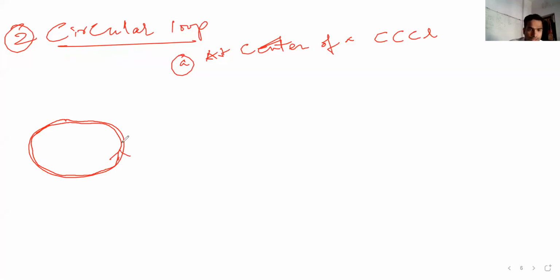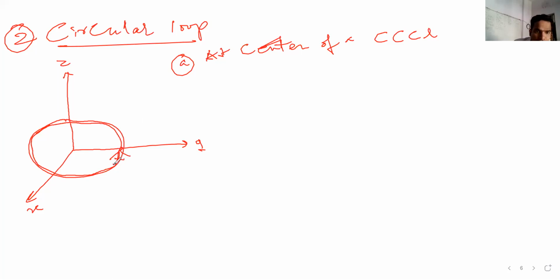Suppose the direction of current is this, so I can make the sense of directions like this. So these are our direction senses. I can write this as X, Y, and Z. So this is a current carrying loop.